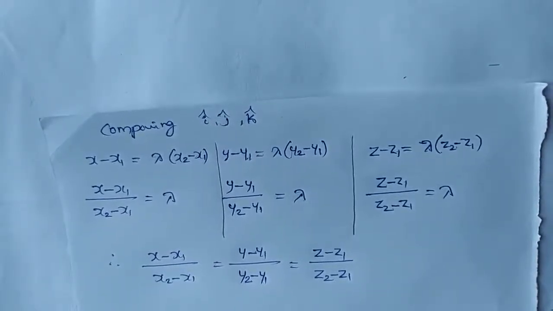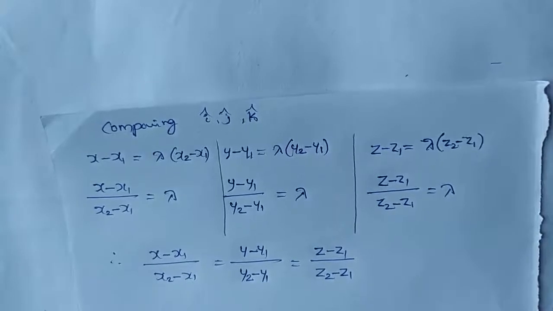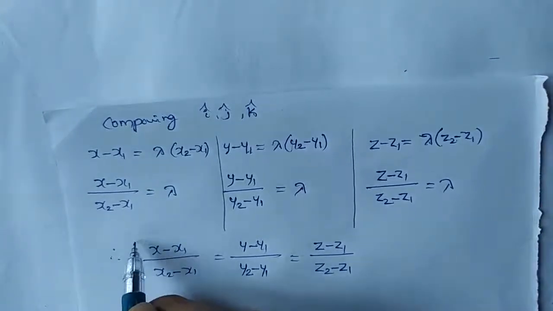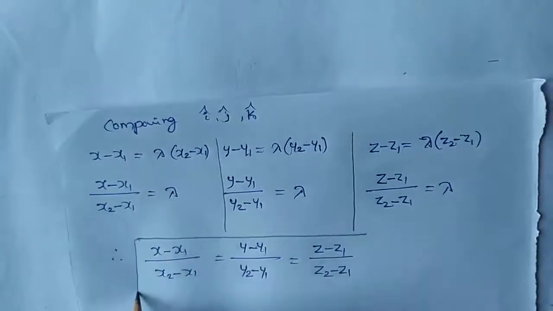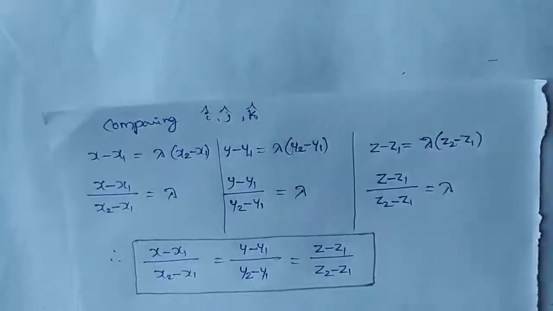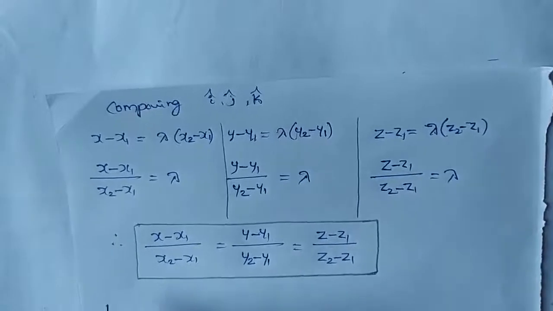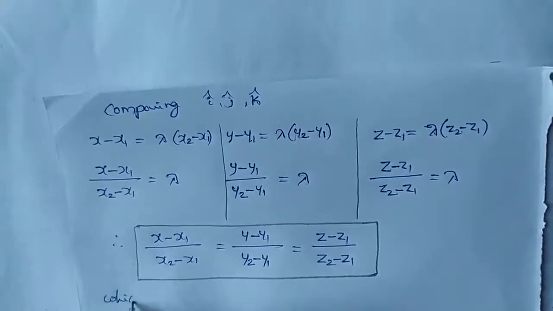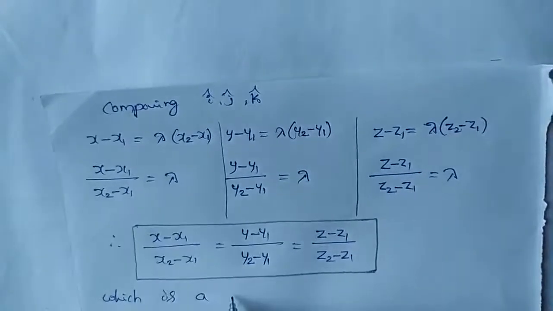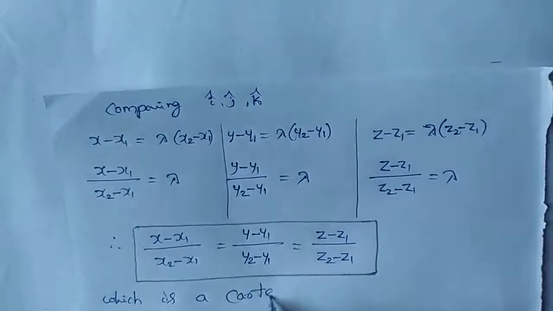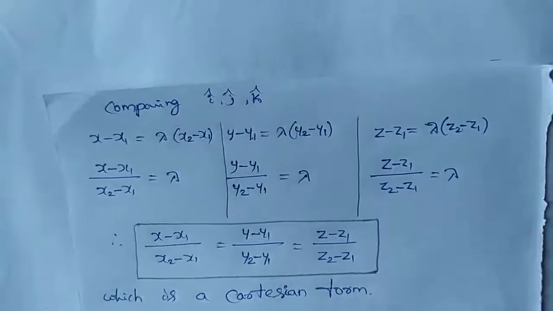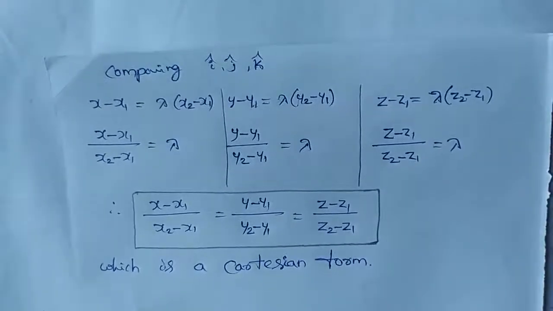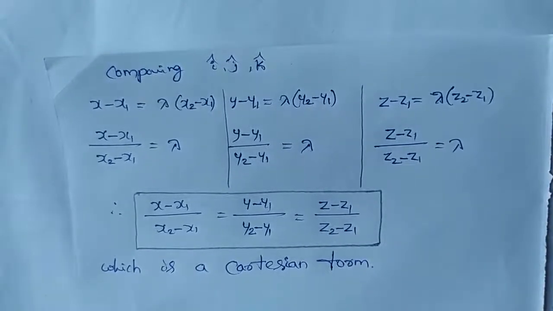Hence, this is the required equation of a line passing through two given points in Cartesian form. Write the conclusion, which is the Cartesian form. Okay, do you understand? Hence, this is the proof for this derivation.